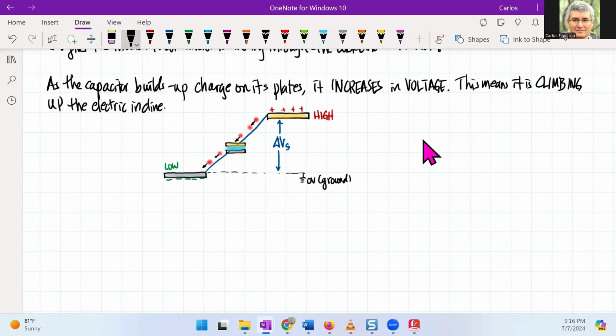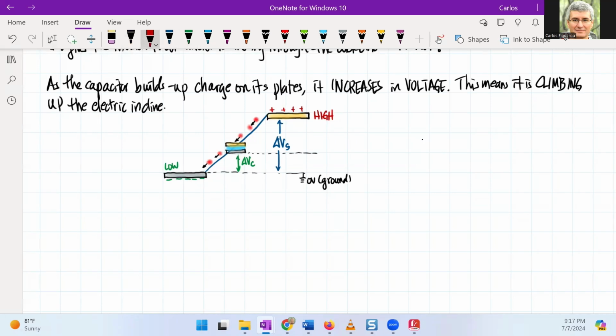So what I'm seeing here is that now this guy has climbed up here. And you can see that it's climbed up a certain height. Now, the thing to really pay attention to is this quantity right here. It's the difference in height.